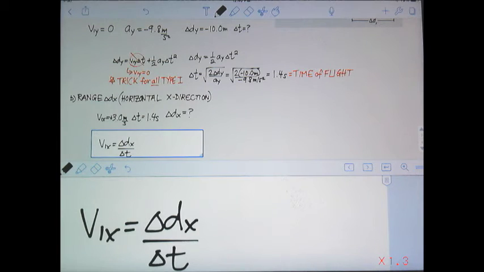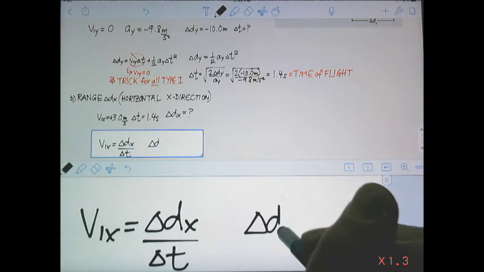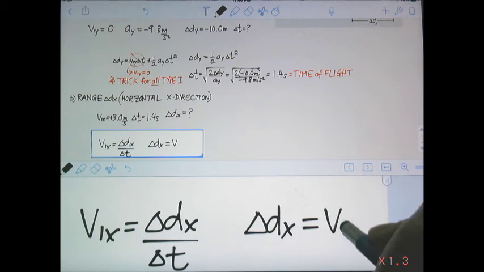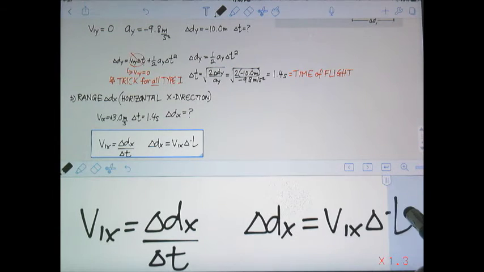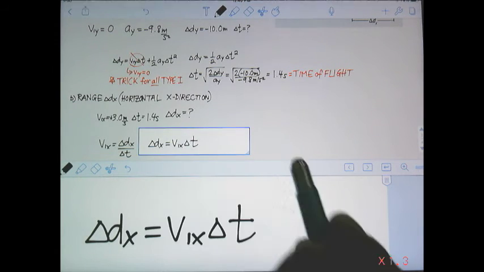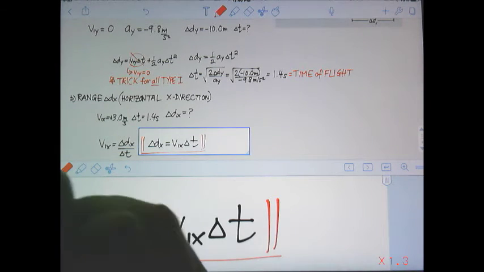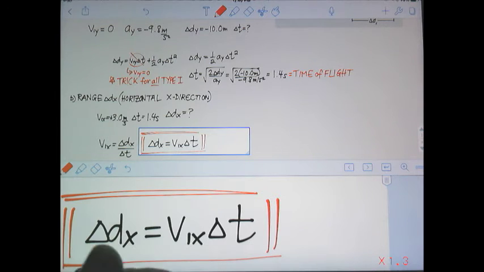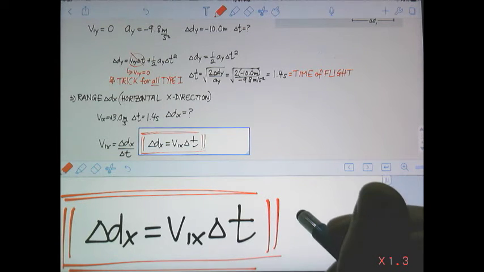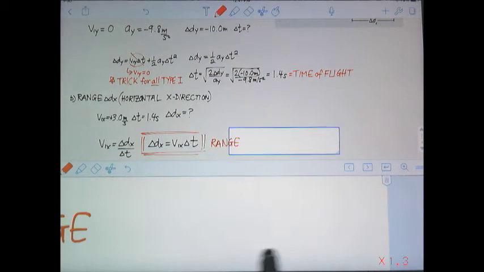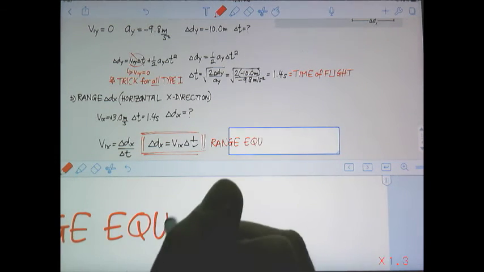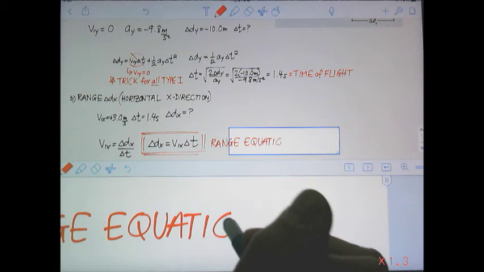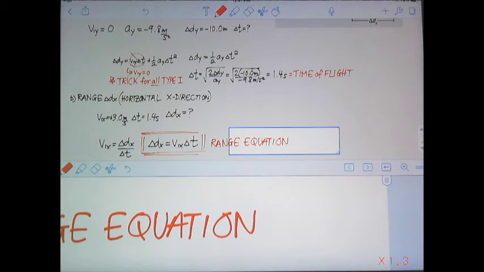We can rearrange this for displacement, and we get displacement is equal to velocity times time. This becomes, for all projectile motion questions, the equation for range. So every single question that asks you for the range, you're going to use this equation. It's really not much of a unique equation, it's just the equation for velocity rearranged. Nothing special.